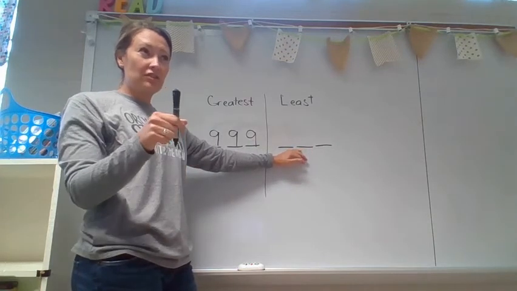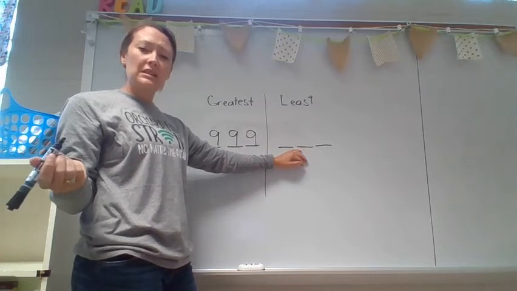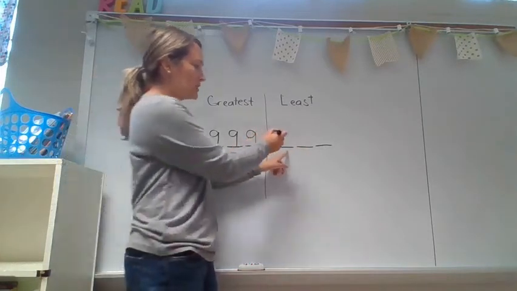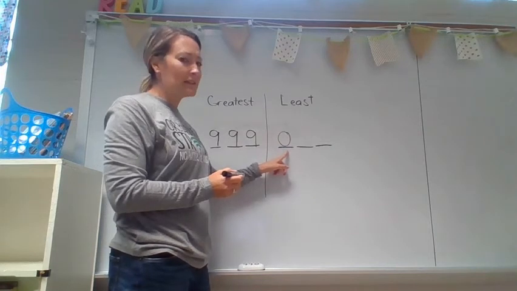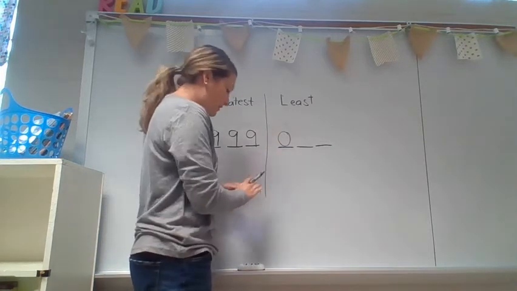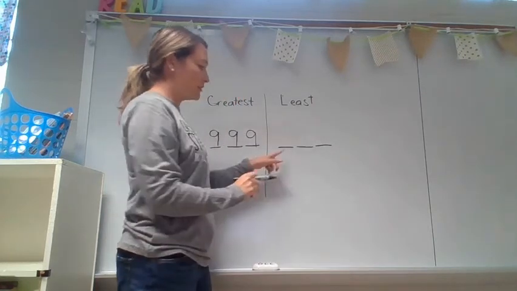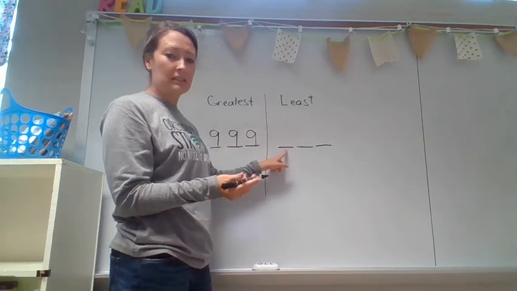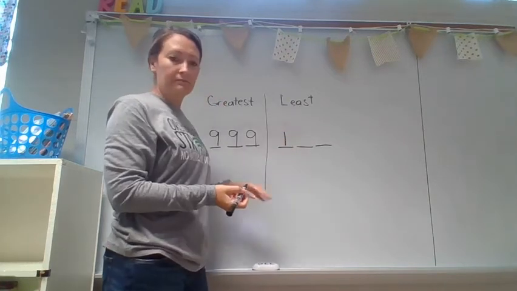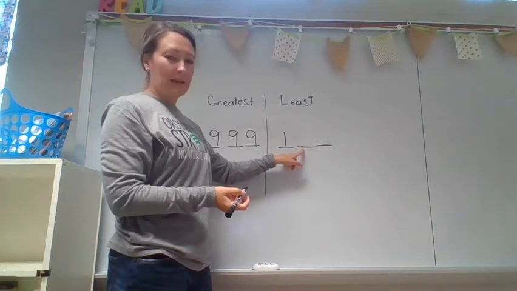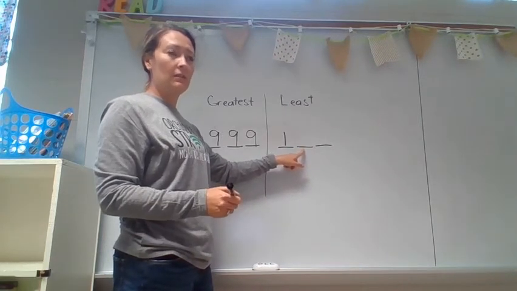So now let's think about the smallest 3-digit number. When I think about my digits, 0, 1, 2, 3, 4, 5, 6, 7, 8, 9, well, 0's the smallest digit. But if I have a 0 here, would I have a 3-digit number? No. So I can't have a 0 in the hundreds place. So what's my next smallest digit that I could put there? It would be a 1. So then thinking about my tens, what's the smallest digit that I could put there?